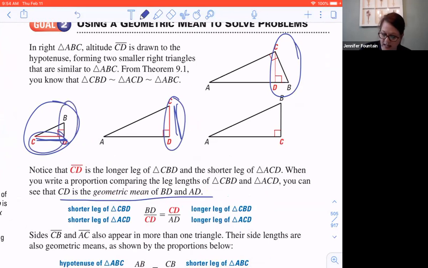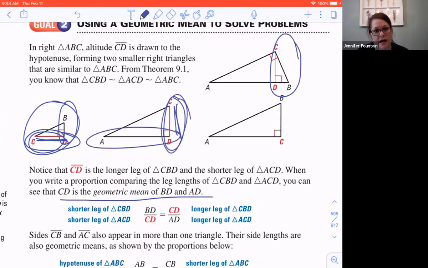So I've said short leg over common leg equals common leg over long leg. So short leg over short leg is equal to long leg over long leg. Okay, so now I can see that I'm going to have a geometric mean.